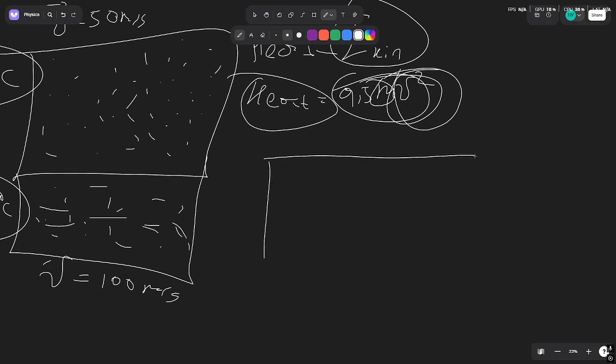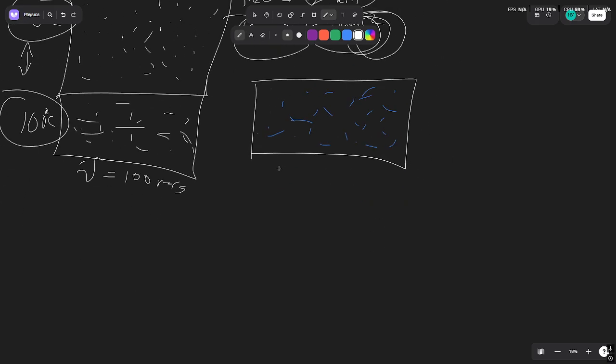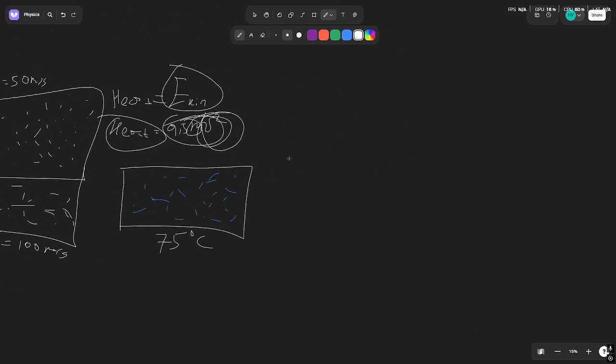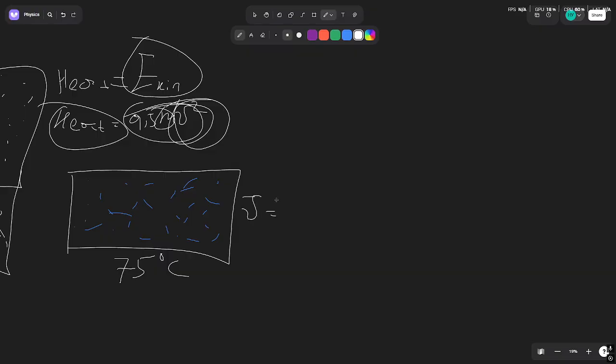So after combining these two areas with some molecules, we got an area with a temperature of 75 degrees Celsius. And it means the velocity will be 75 meters per second.